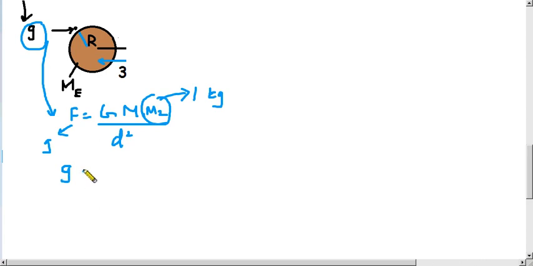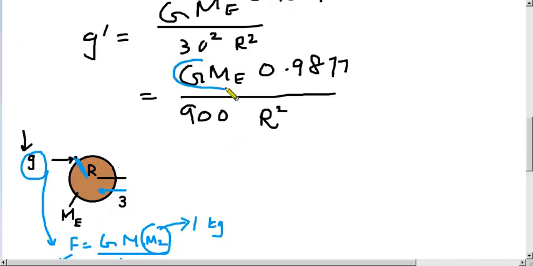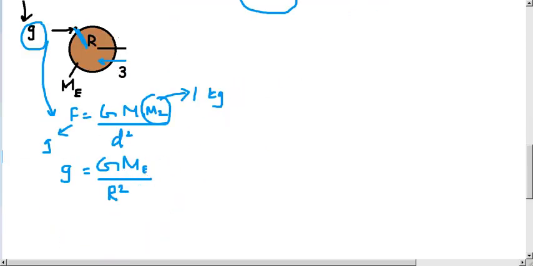So we can write g equals G M earth, the test mass is 1 kilogram, therefore we don't have to write it, divided by the distance R squared. We can substitute for this part: G M earth divided by R squared is this g.